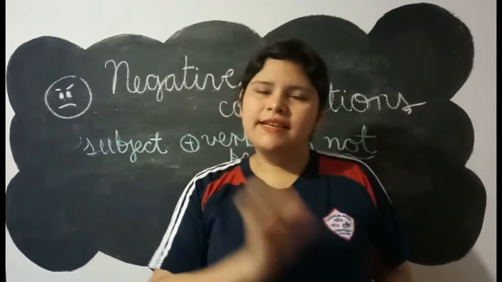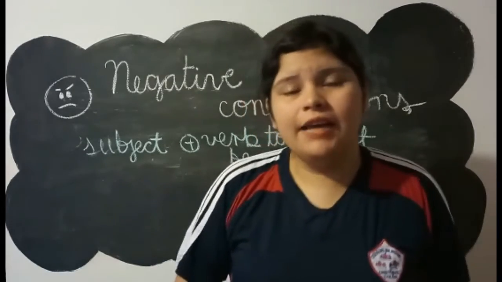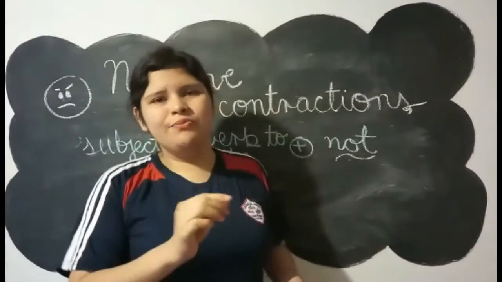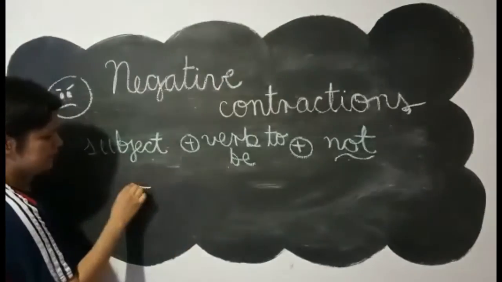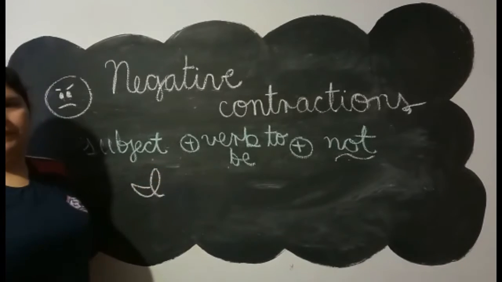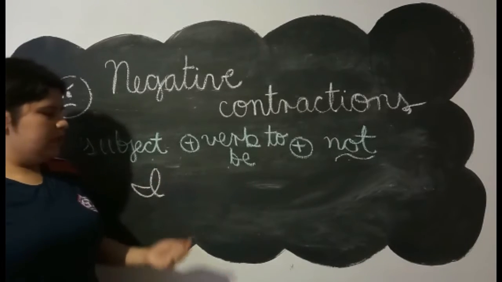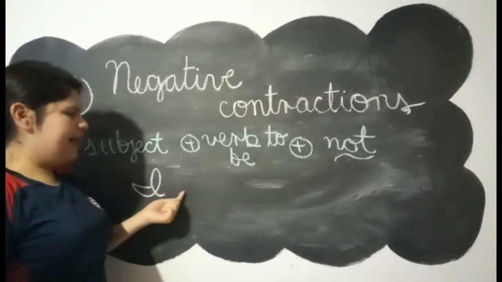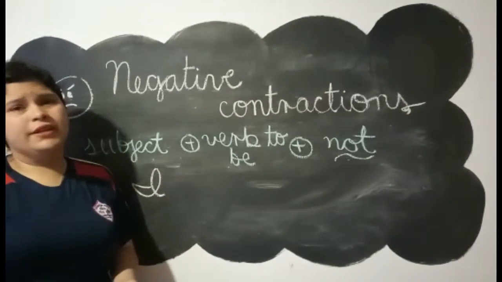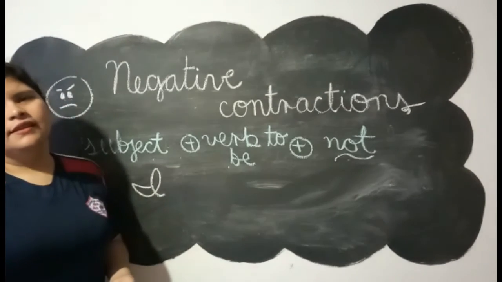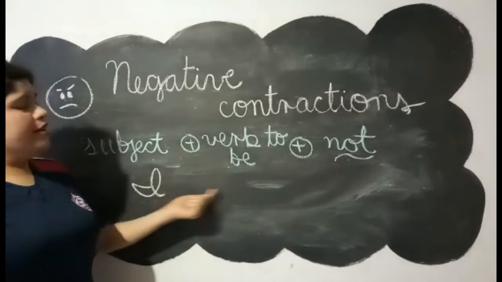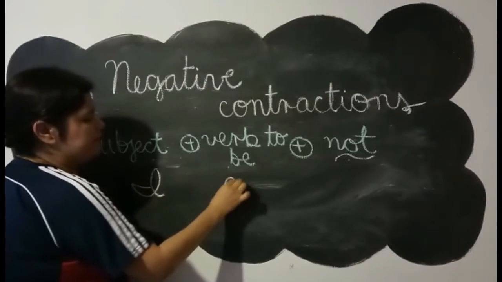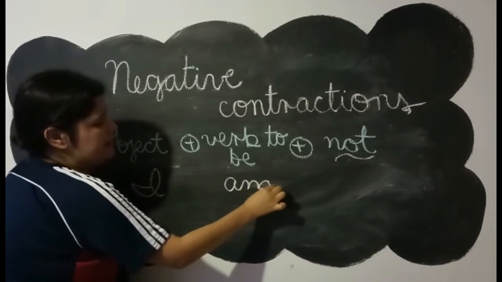special case. Okay? So this time my subject is going to be I. The verb to be, I am, I is, or I are. What is the answer? Yes, the answer should be I am.